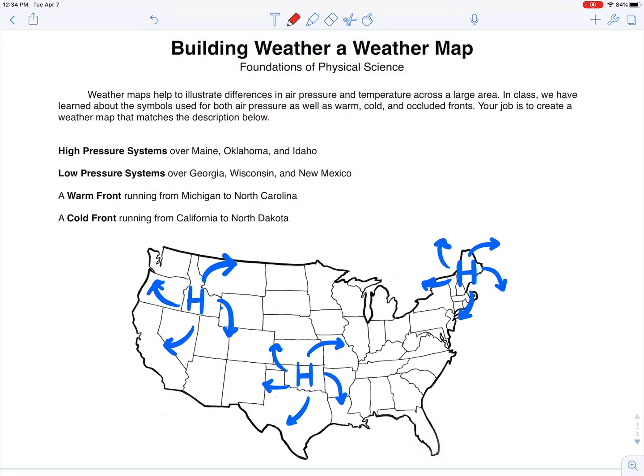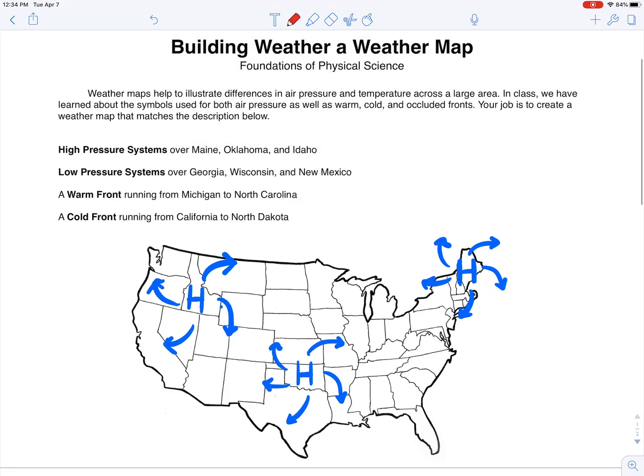All right, now, if we're going to draw our low pressure, we're going to use a red color. We'll go to a low pressure system over Georgia, which is right here. We've got low pressure over Georgia, Wisconsin, which is going to be right here, and New Mexico over in here.